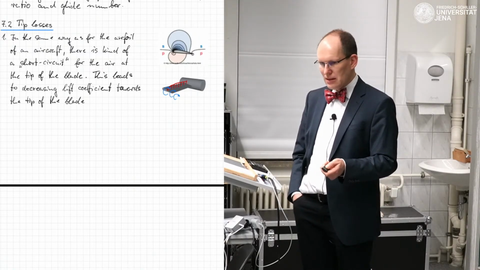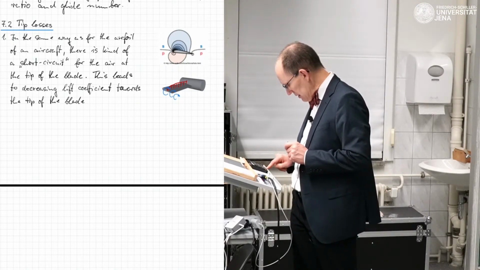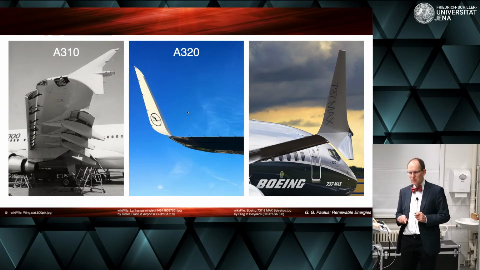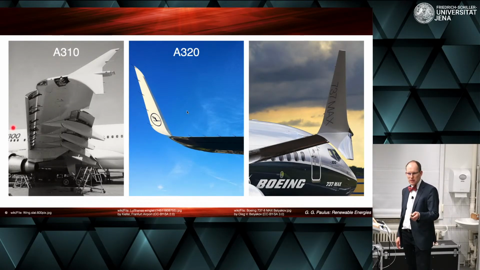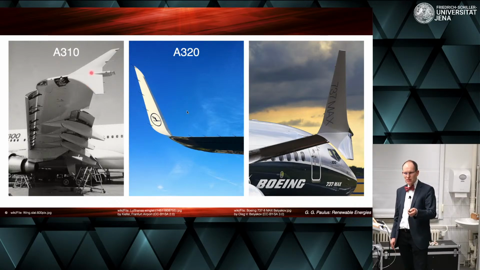When I did my first air travel as a PhD student in the 1990s, most airplanes didn't have winglets. I have the wrong thing here. So this one I wanted to show. Yeah? And then the first aircraft had winglets like this here. Right? And you see that they are supposed to reduce these vortices and this kind of short circuit.